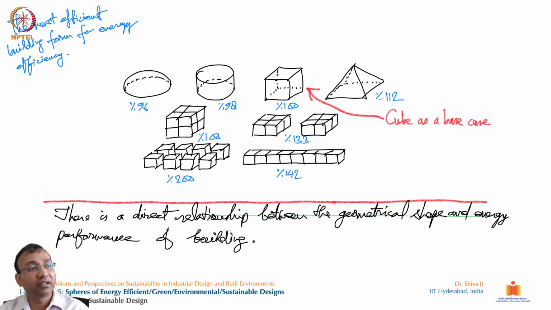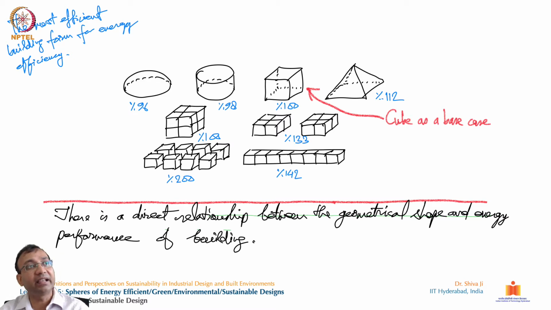So this slide talks about the direct relationship between geometrical shape and energy performance of the building. It becomes very critical for us as designers and architects to take care of this. Different results were obtained in this illustration in the energy performance of these masses, which had the same volume but different forms. They carry the same volume, but the surfaces increased.